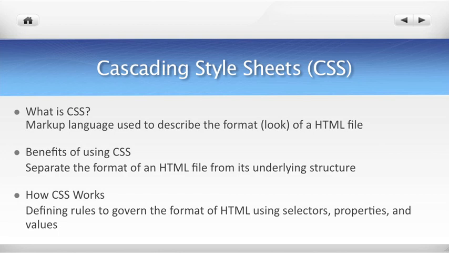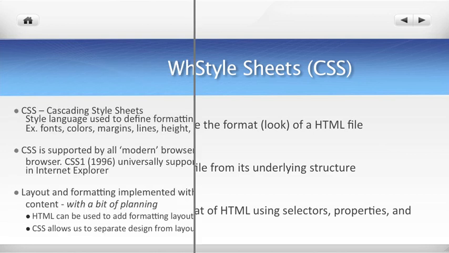When we work with CSS, we define the rules which govern the format of HTML using selectors and then setting properties and corresponding values that should be assigned to those selectors, as we did with our main titles, our headings, the H1 tag, in a previous lesson.